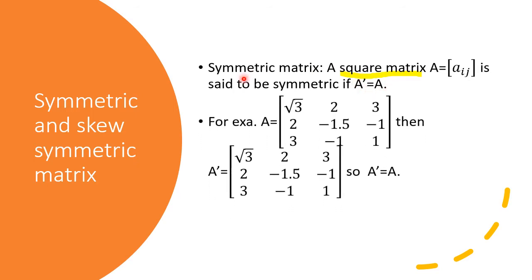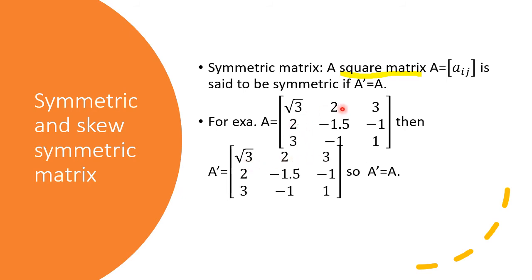So let me see. For example, we have taken A equals root 3, 2, 3, here 2, minus 1.5, minus 1, 3, minus 1 and 1. Then what can be A transpose, students? Just convert this column into the row. So in place of root 3, 2, I am writing here root 3, 2, 3.